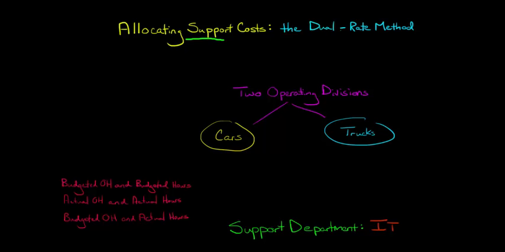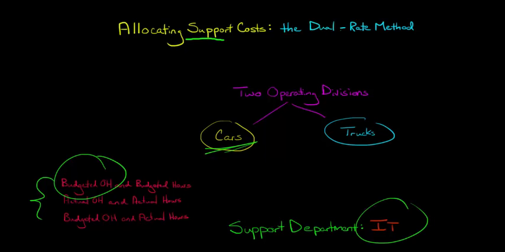Now, if you remember from our last video, there are three different ways we could do it, right? To calculate a rate to apply the costs of the IT department. We could look at budgeted costs for the IT department and the budgeted usage, right? The budgeted number of hours that the car division is going to use of the IT department, for example. We could use that, budgeted and budgeted.